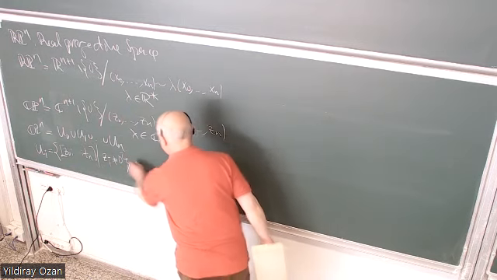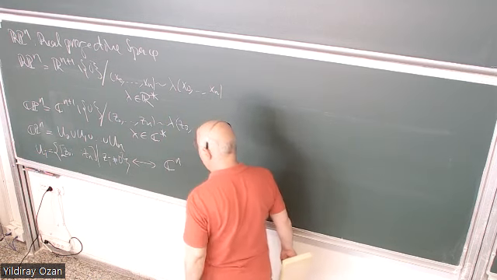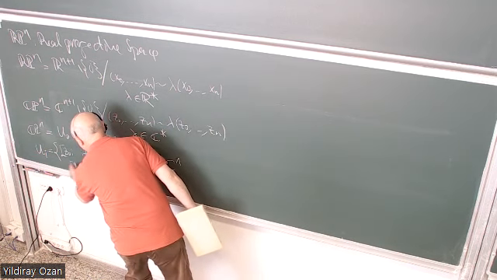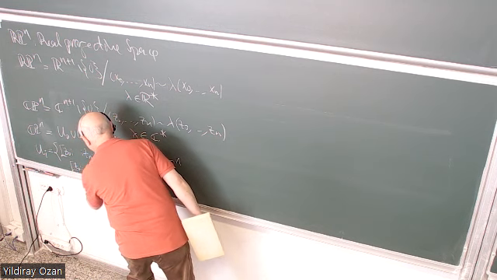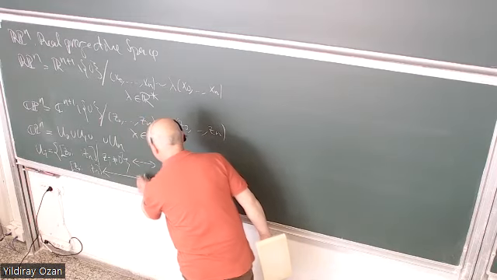And this is a copy of C^n, as usual, where you identify this equivalence class with the n-tuple. Which n-tuple?